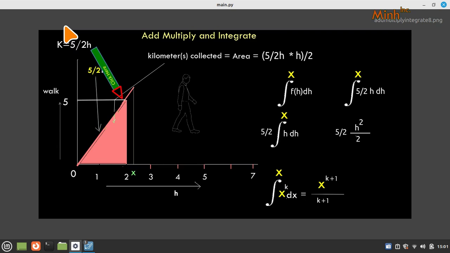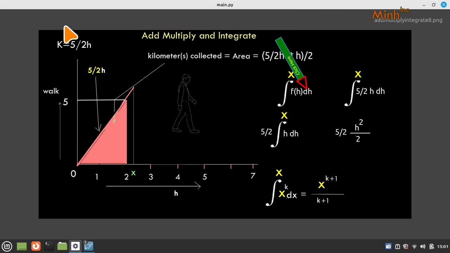At any moment the height of this rectangle is 5/2h, and at the 2nd hour it is 5. If it is 5/2h, then the area of the rectangle is the height 5/2h times the width h. For the triangle, we divide by 2. So the area of this triangle is the area of the rectangle divided by 2.